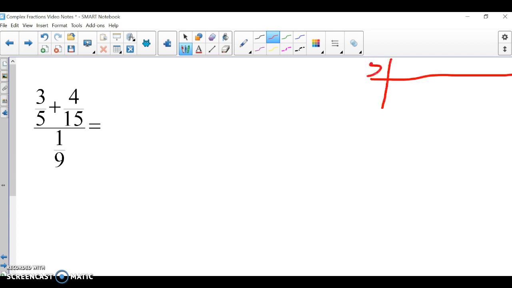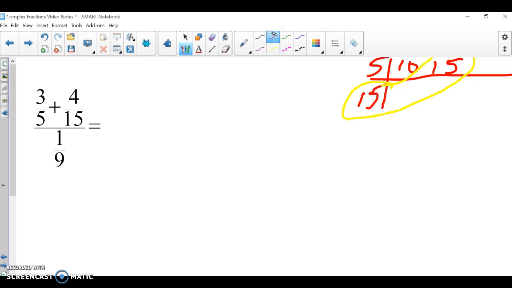We can put 5 on top and 15 on the bottom. Now we're going to list the multiples of 5. 5 times 1 is 5, 5 times 2 is 10, 5 times 3 is 15. Oh, hey, look, 15 is a multiple of both.